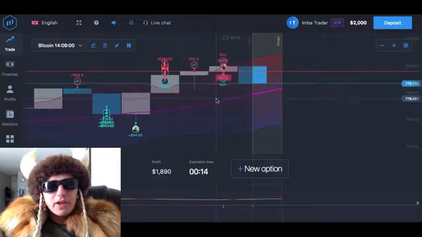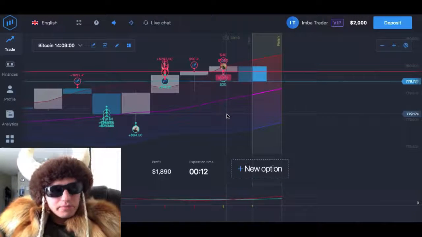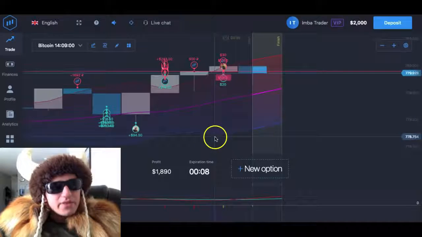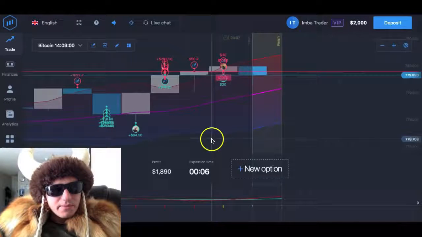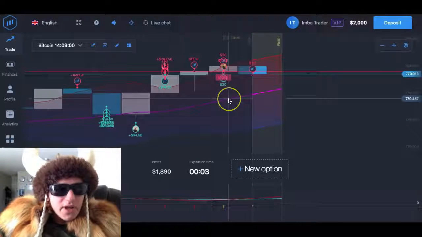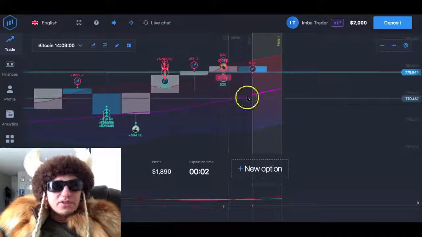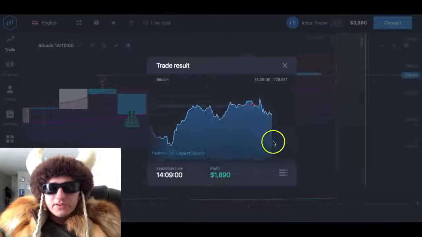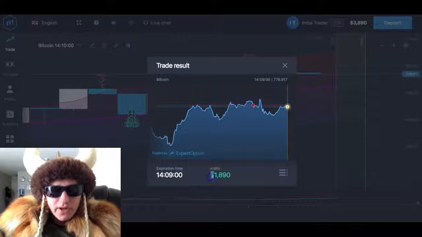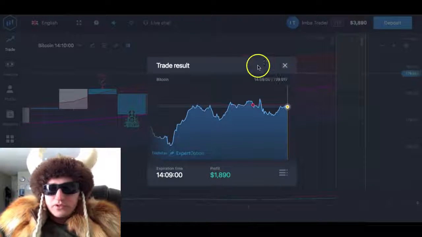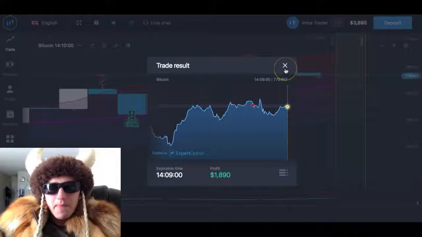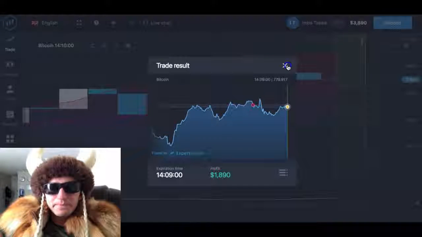The same thing applies if our price gets below the lower line. So at the moment when it crossed the lower line, it is a good sign that we need to proceed with the call stake. And just like I told you, it was a really good binary options signal for us to proceed with the put stake.